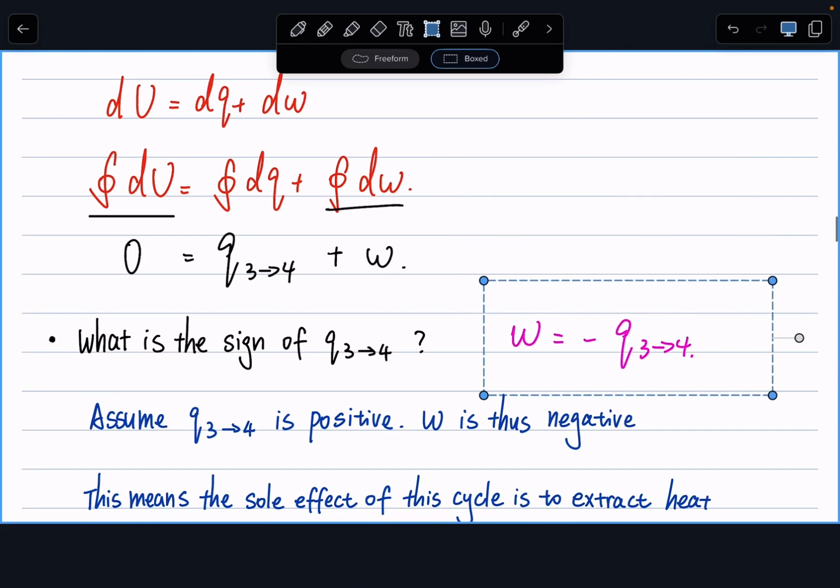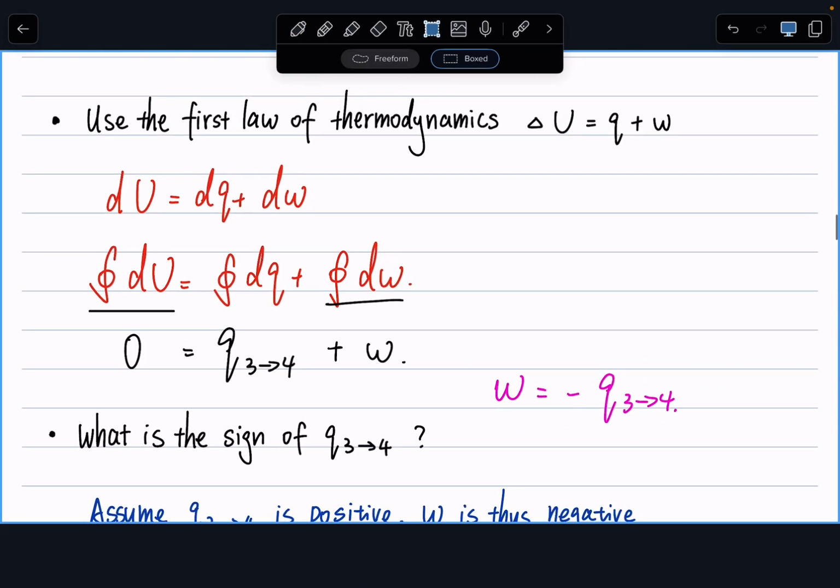So that's how we use our first law of thermodynamics. And then thinking about what exactly this work equals negative Q 3 to 4 tells us, we're using our second law of thermodynamics again. This is where I want to pause and emphasize the importance of linking an actual scenario to an equation and the equation back to an actual scenario.